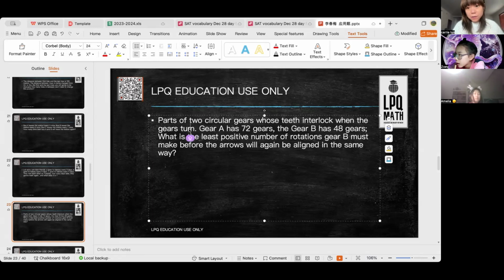Gear A has 72 teeth and gear B has 48 teeth. What is the least possible number of rotations gear B must make before the arrows will again be aligned in the same way?